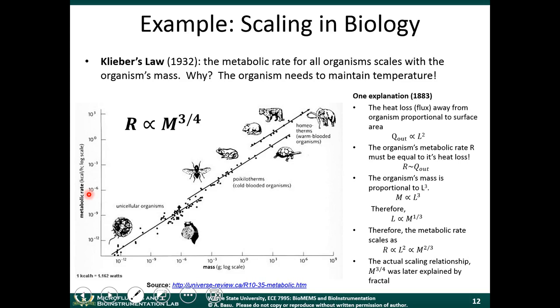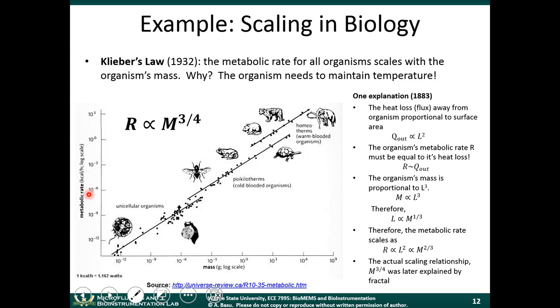One explanation, which was given in the late 1800s, is that the heat flux away from an organism is proportional to its surface area. We're going to talk about thermal microsystems a little later in this lecture. But if we recall from last time's lecture, heat flux is heat flowing out of a surface.